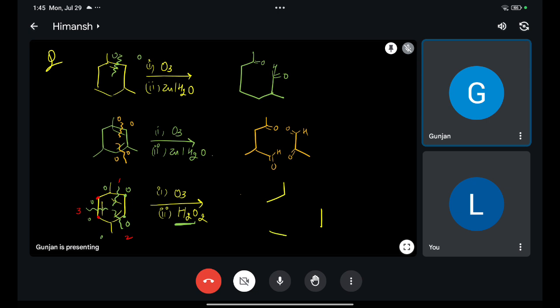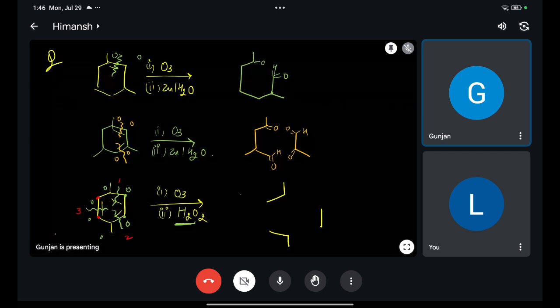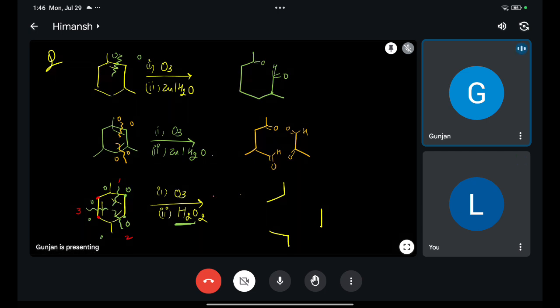Correct or no? Yes, ma'am, these three patterns clearly. Now you just have to look into the carbon which undergoes the cleavage and supply oxygen to them. So this carbon, this carbon, and these two carbons.